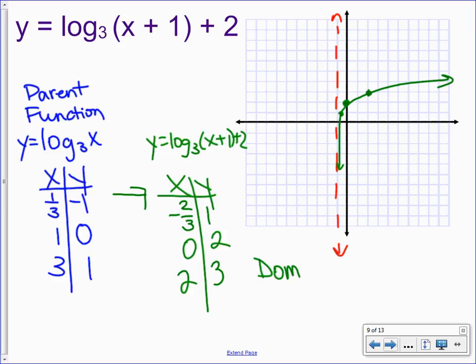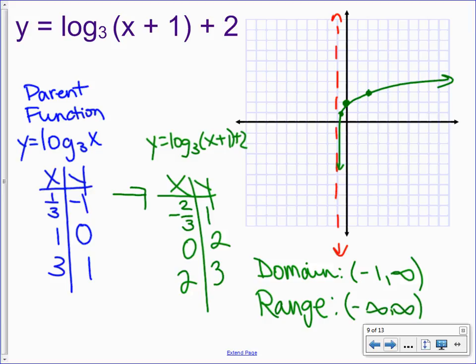For this graph, what's our domain? Great, negative 1 to infinity. And always for a logarithm graph, what's our range? All real.